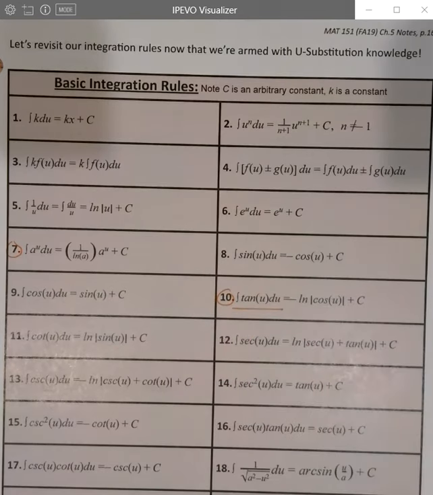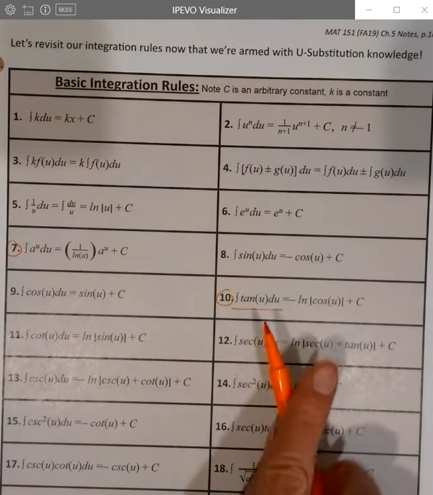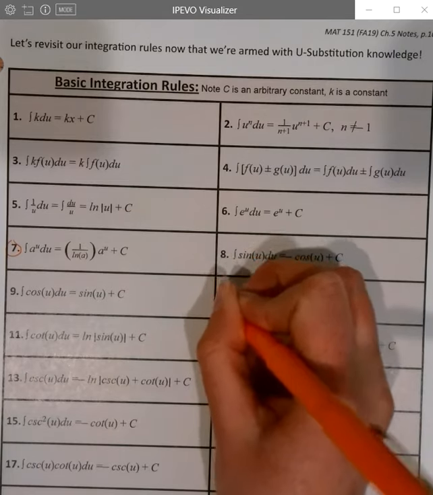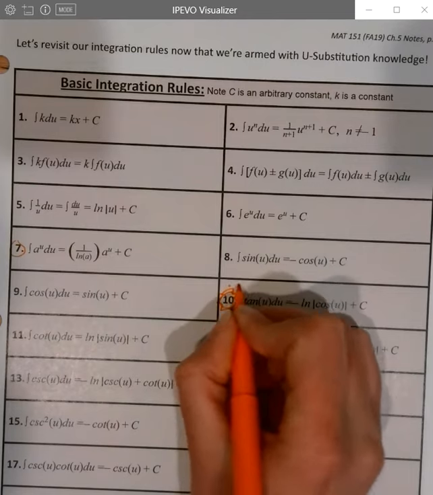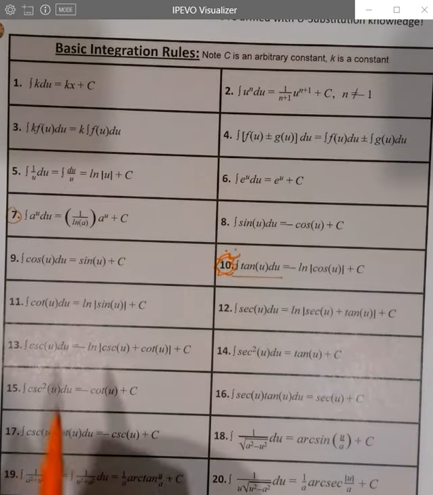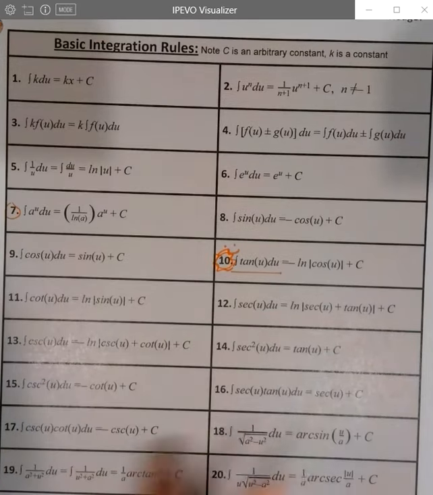I mentioned that we would get to integrating tangent later. So here's later. We can integrate tangent into negative the natural log of cosine of u. This one I want to make a particular note of, and I'll talk about this one because it is interesting. So that one's cool. We're going to see that in a second. And then cotangent, we got a bunch of other functions here as well. And then we have our secant squared, cosecant squared, and then our arc trigs as well.